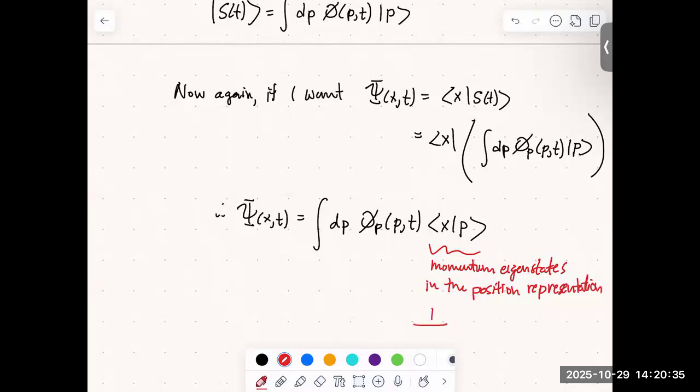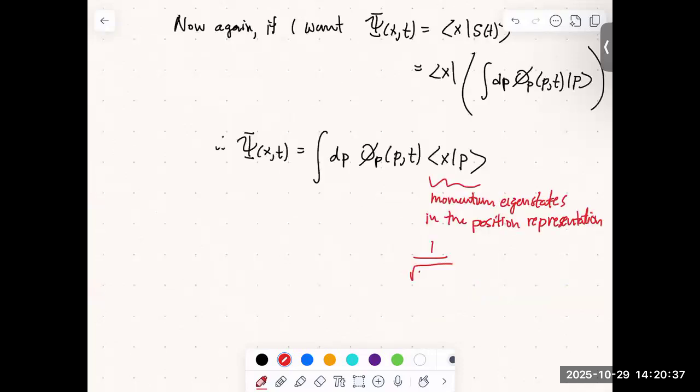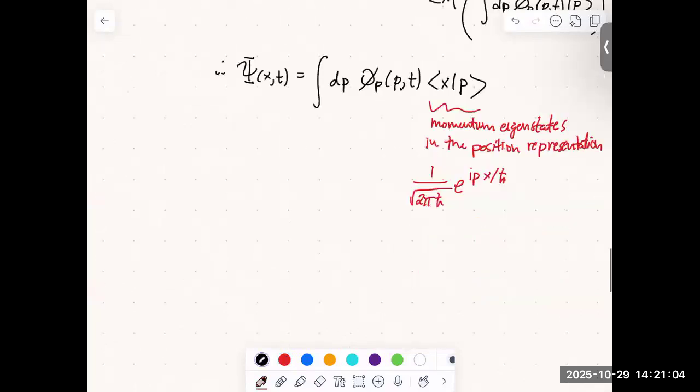It was 1 over square root of 2 pi h bar, e to the i p x over h bar. Sorry, I don't need the dp. The dp is part of the integral already. So what we're going to do is set that into the integral and see what we get.